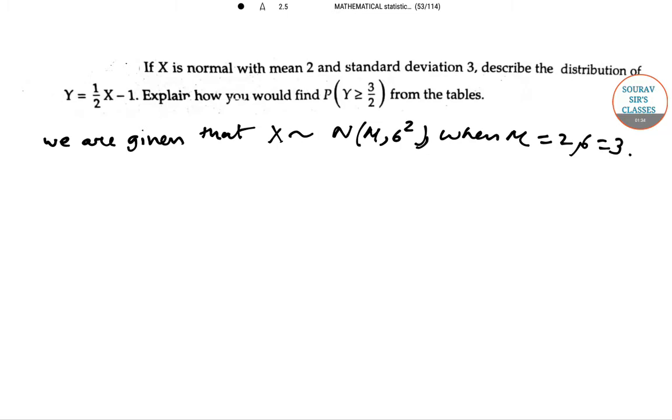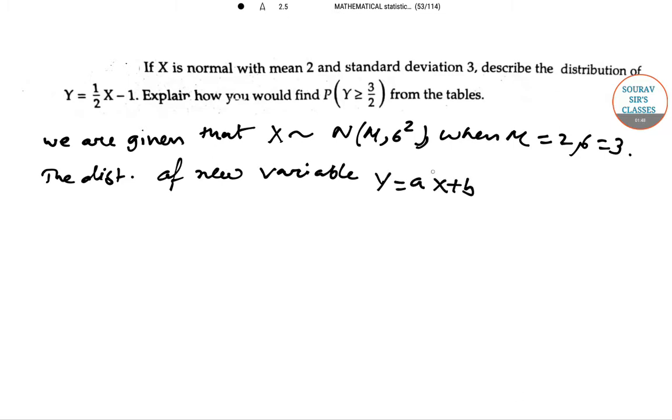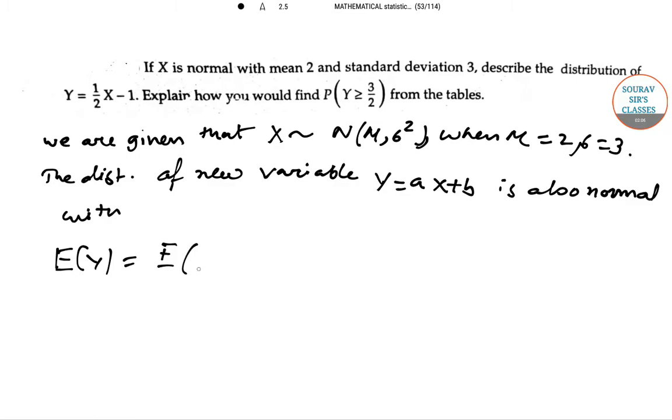Now the distribution of a new variable y equals ax plus b is also normal with expectation of y equal to expectation of ax plus b, which is equal to a mu plus b.